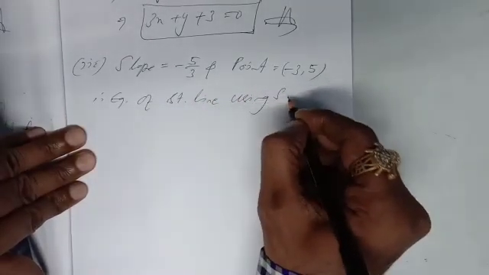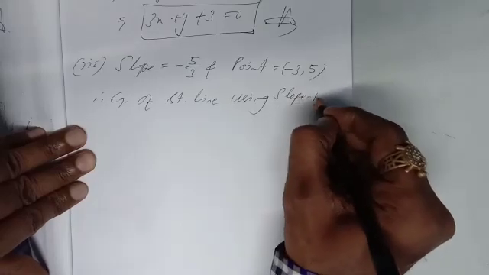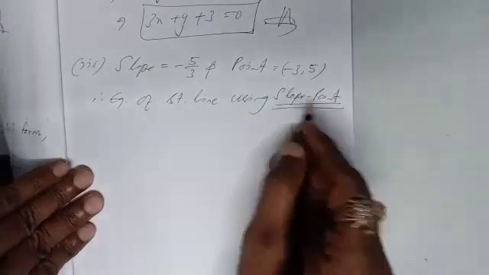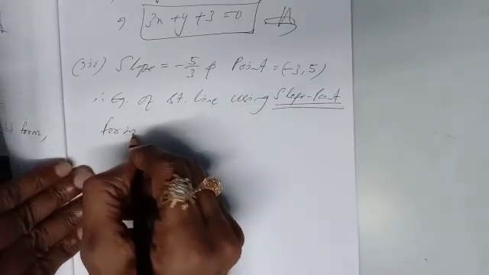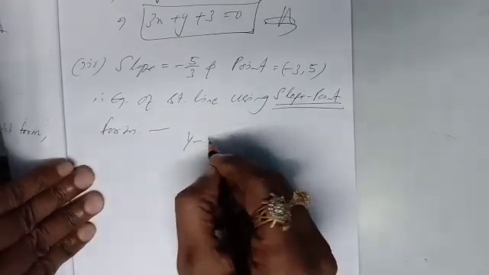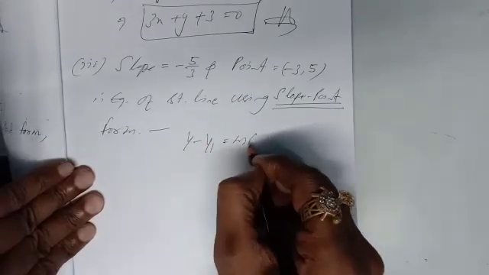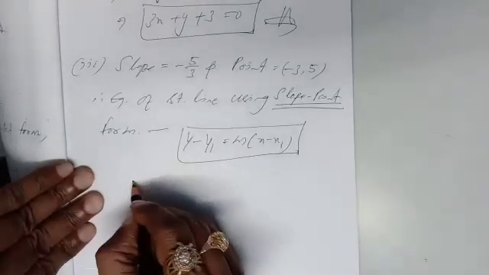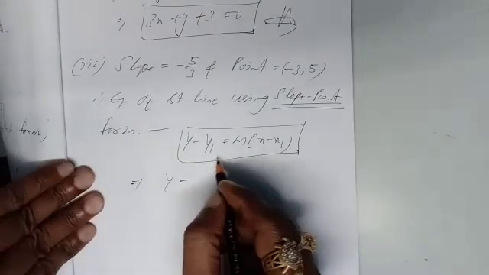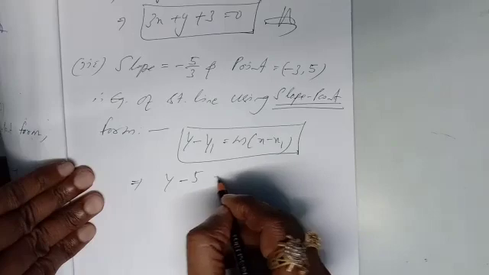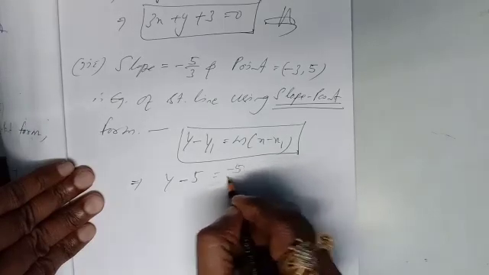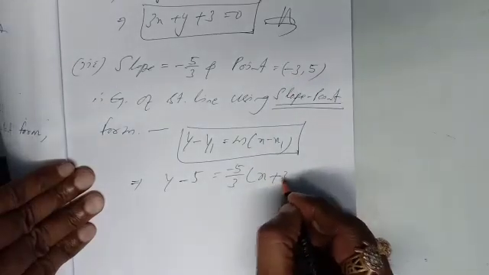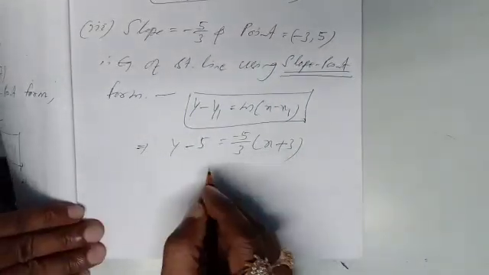Using slope point form, as slope given and point given. You have to write the form first: y minus y1 equals m times x minus x1. Now put the value of y1, that is 5, the y coordinate. M given, slope given, minus 5 by 3, x minus, this will be minus 3, this will be plus 3. After that, just cross multiply.